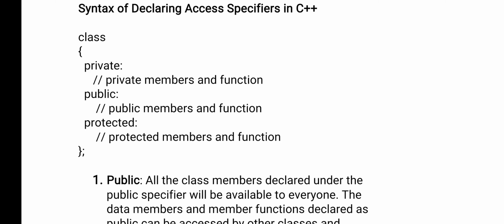As usual we give the class and open the brace, then private, public, protected, the three access specifiers. Whatever data members and functions you have declared inside private follow the boundaries and rules of private, whatever you have declared as public follow the rules of public, and whatever you have declared under protected follow the rules of protected.